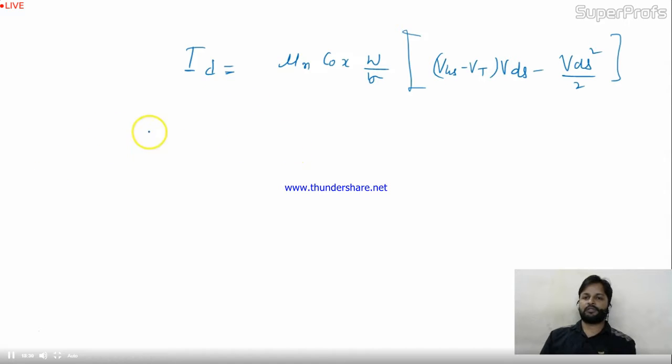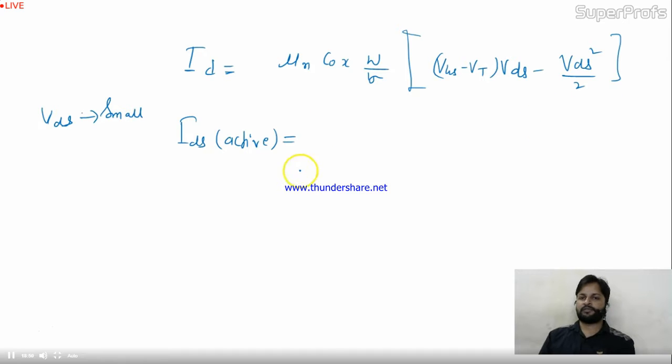Now, this is the normal general formula, but in the active region only, VDS is very small actually. So the square of VDS will become so small. So you are remained with mu n COX W by L (VGS minus VT) into VDS only.